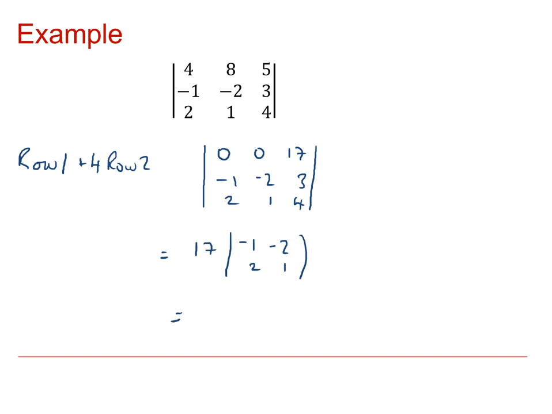So that's equal to 17 multiplied by -1 multiplied by 1 minus 2 multiplied by -2. And that's equal to 17 multiplied by 3, which is equal to 51.